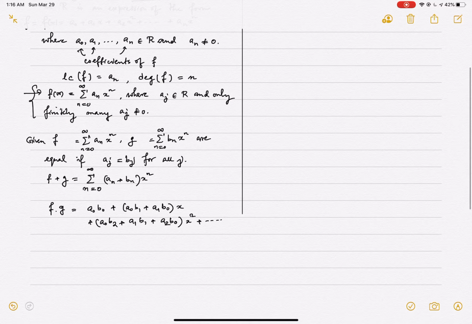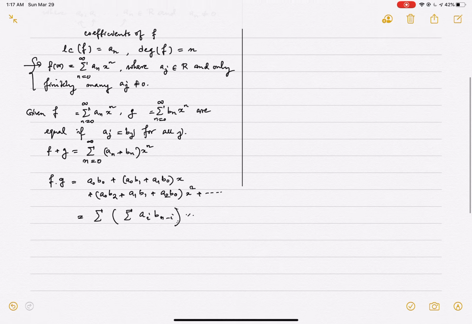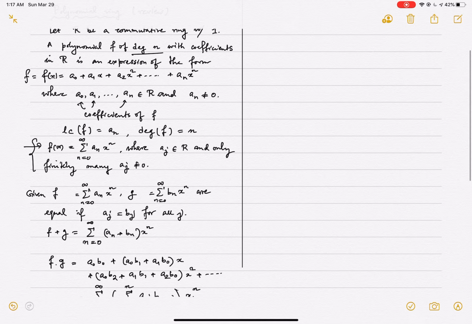So the general expression is the sum over n from 0 to infinity of the sum over i from 0 to n of ai b(n minus i), times x to the n. That's how you add and multiply polynomials in the usual manner, and this forms a ring.